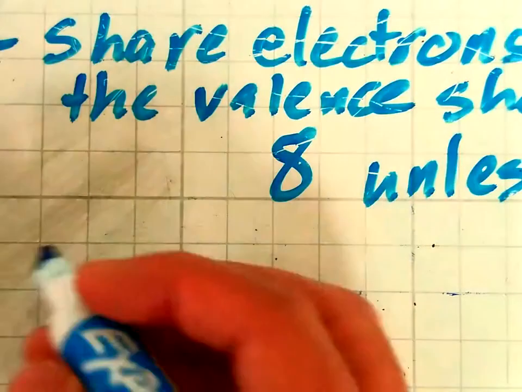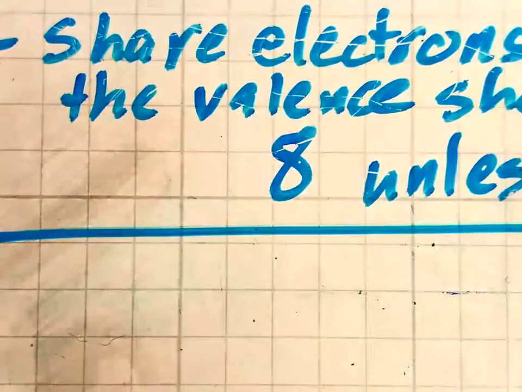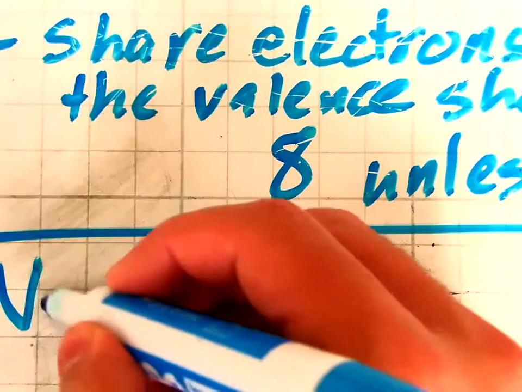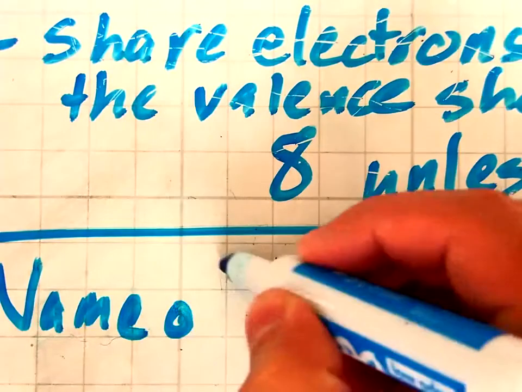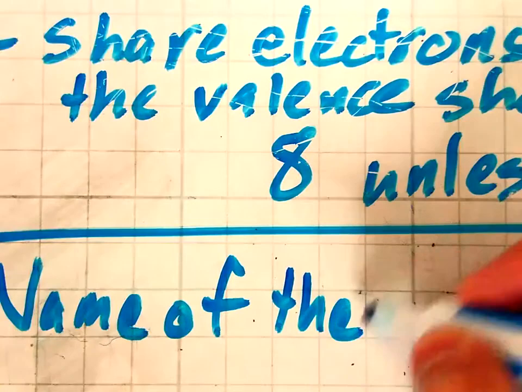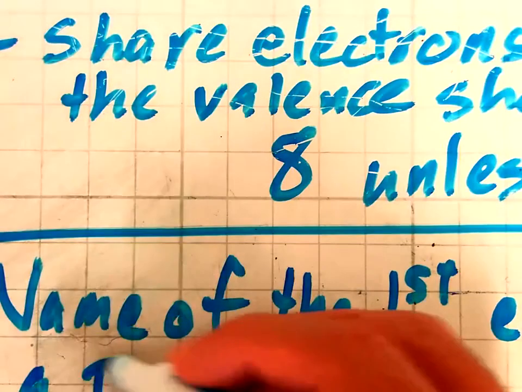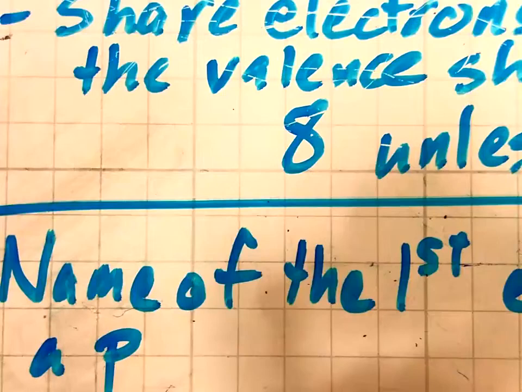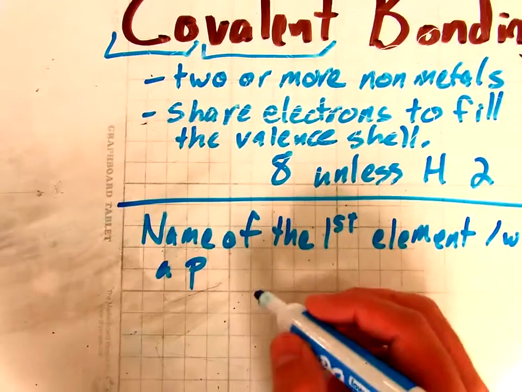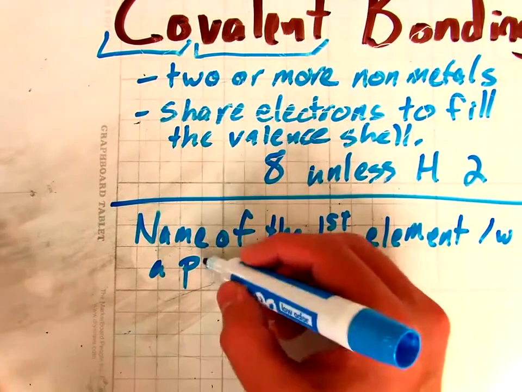When we name with covalent bonding, we write the name of the first element with a prefix, but that's only if the prefix is necessary.